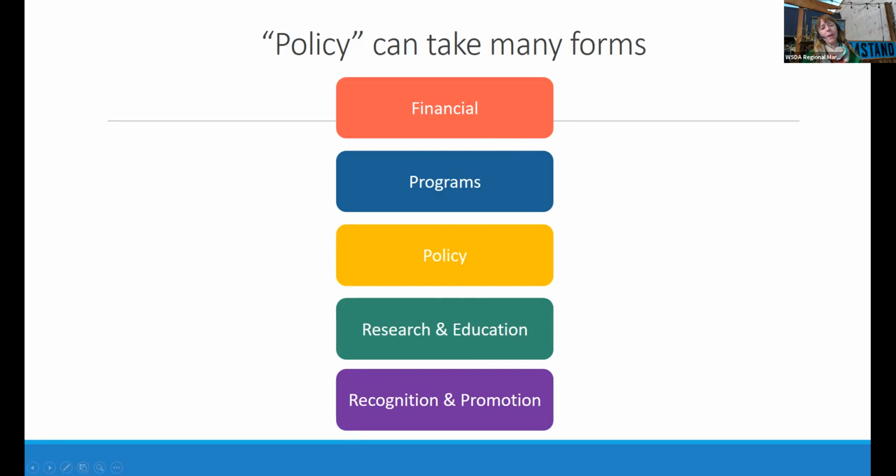And finally, recognition and promotion is maybe not so much a policy, but it's an incentive that motivates people. How are we going to be acknowledged for this great work that we're doing? That is something people often think about and are motivated by. And obviously, there's a lot of interaction between these different forms that policy can take in practice.